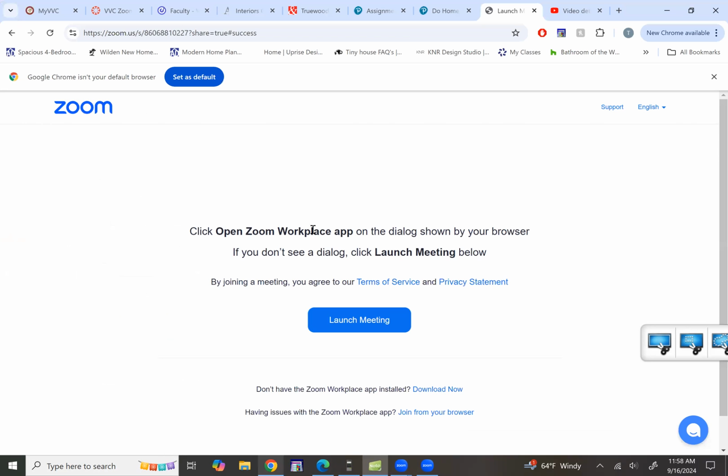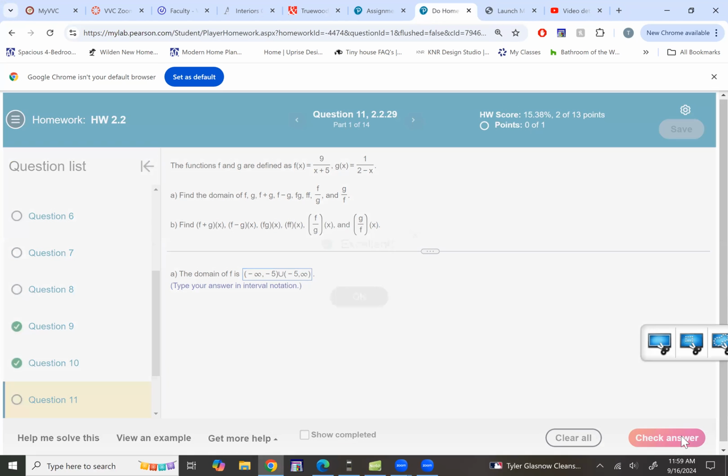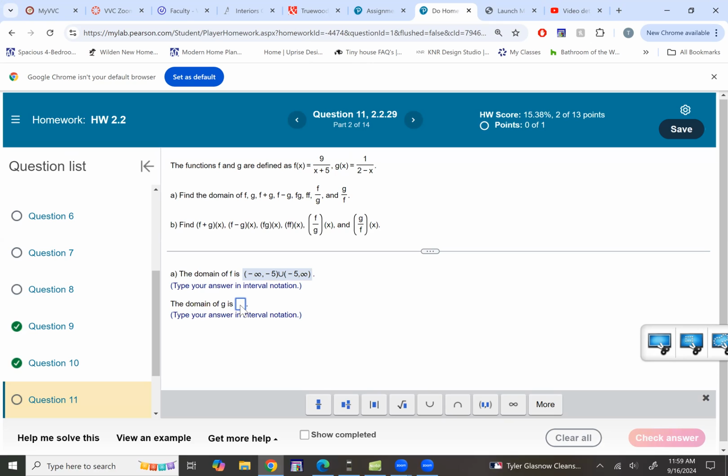One of them has -5 removed, and then the other one has 2 removed. So basically the same thing, but just change the -5 to a 2.